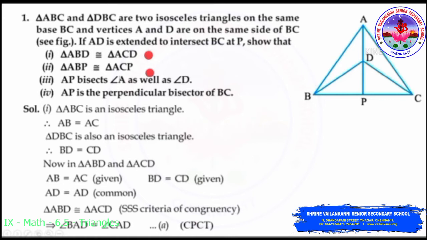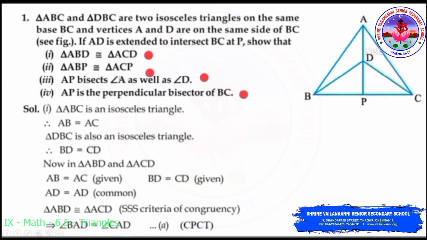Second subdivision, triangle ABP is congruent to triangle ACP. Third one, AP bisects angle A as well as angle D. And fourth one, AP is the perpendicular bisector of BC. So we need to find all the four cases.